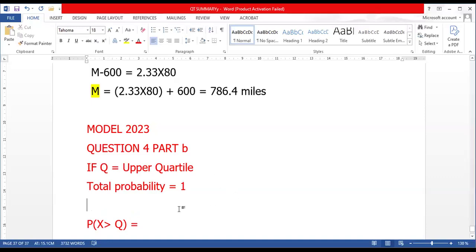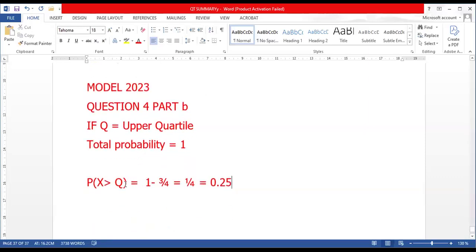The probability of values greater than this will be 1 minus 3 out of 4, which is equal to a quarter, or 1 over 4. And the answer is what? Is it 0.25? Yes. You get 0.25.